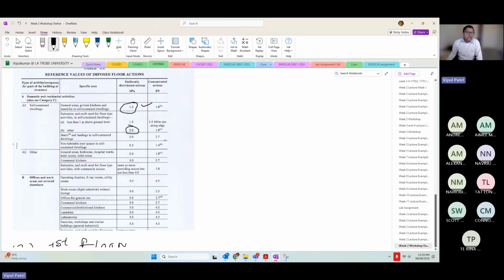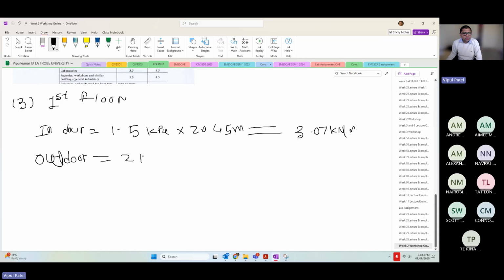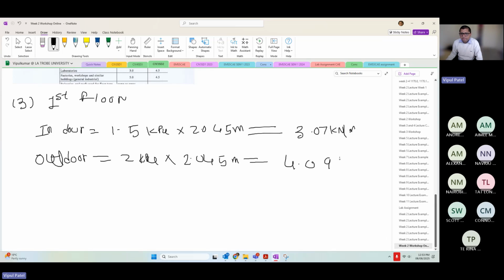A lot of people want to stand in a small area of the balcony. So the Australian standards say, look, you might have 3 people standing in 1 meter square. So for outdoor, let's boost up some values: you need to use 2 kilopascals instead of 1.5 kilopascals, which is quite understandable. I provide you the logic as well. And for that one, the value would be 4.09 kilonewton per meter.